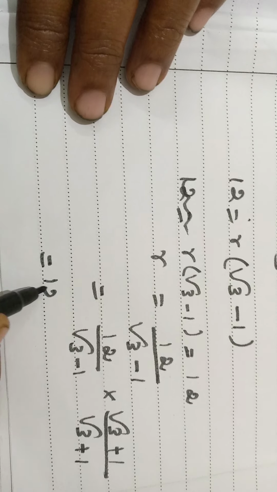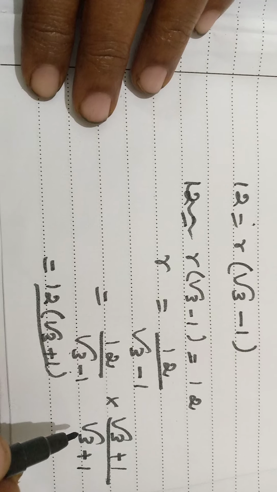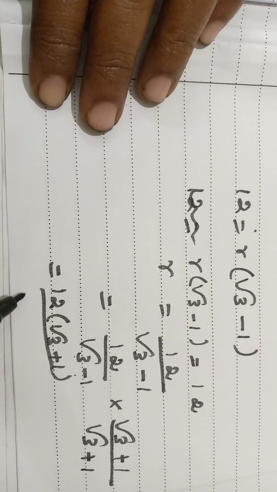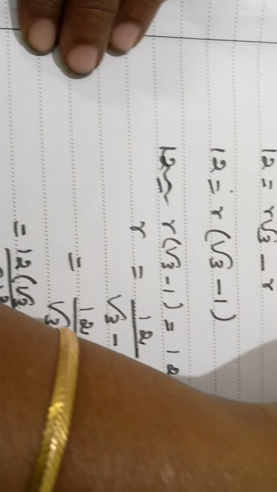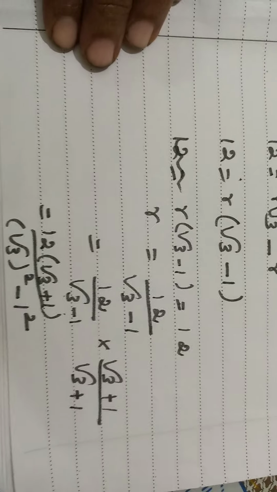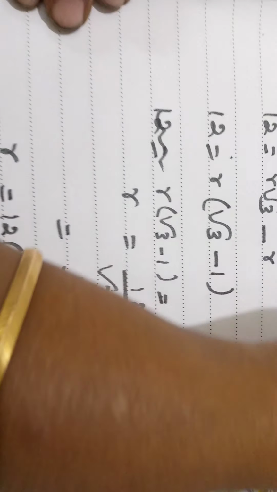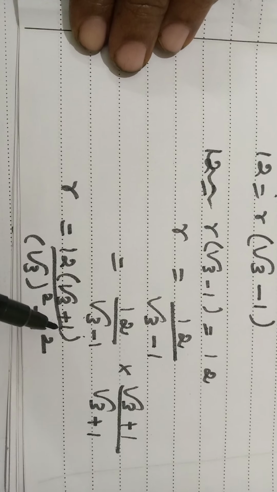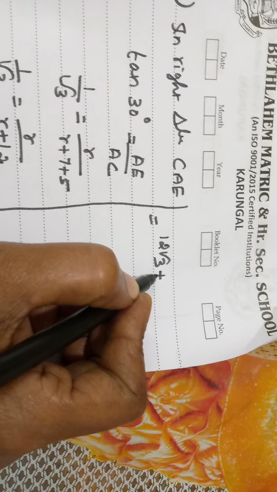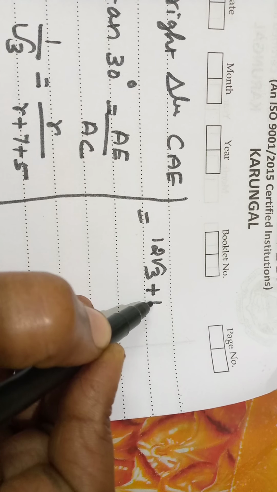That is 12 into root 3 plus 1 by denominator, a minus b into a plus b, that can be written a square minus b square, that is root 3 the whole square minus 1 square. 12 into root 3 plus 1.